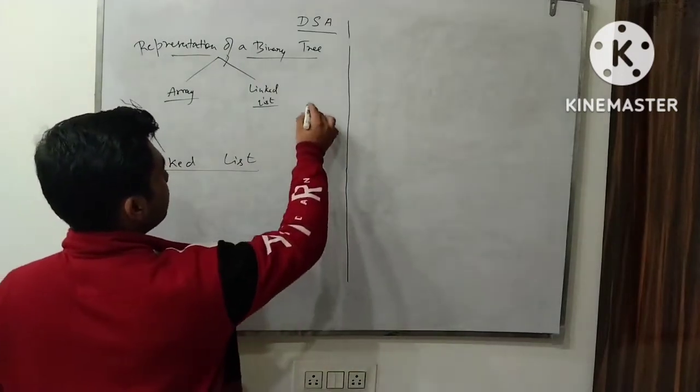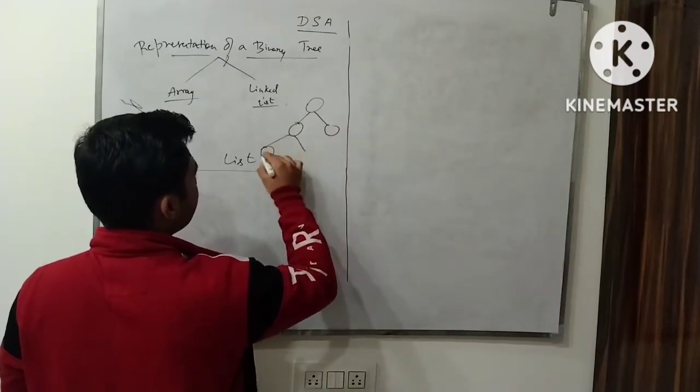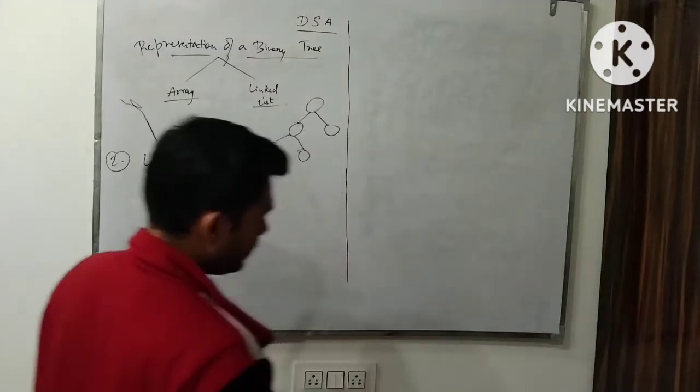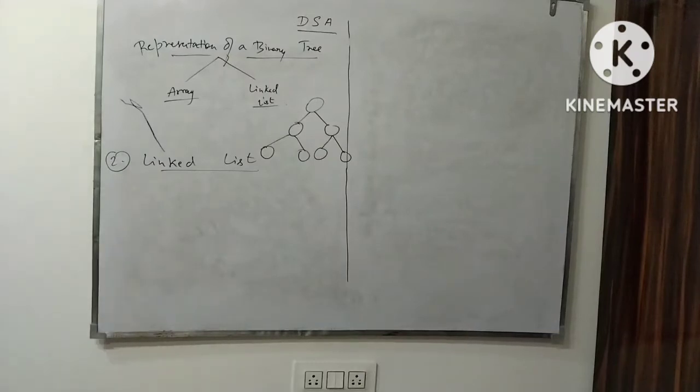If this is a binary tree which I am making and I have to represent it as a linked list, then how am I going to make this?